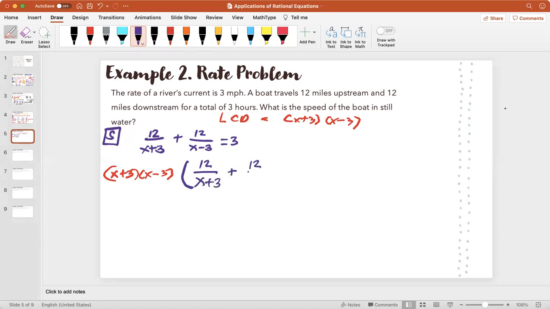That's our ultimate goal there. That's why we are multiplying by the LCD, both sides. Okay. So by distributive property, what do we have here?